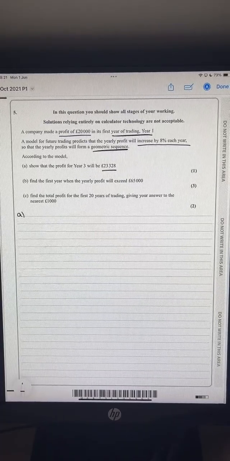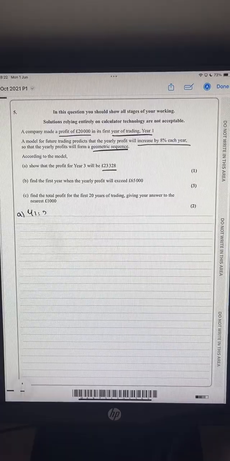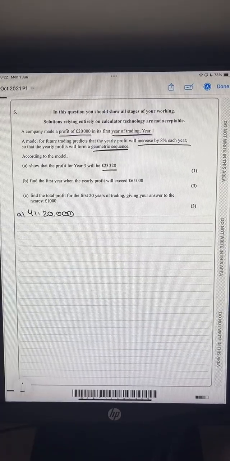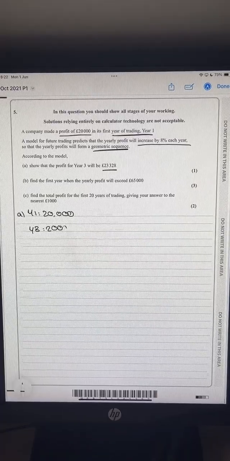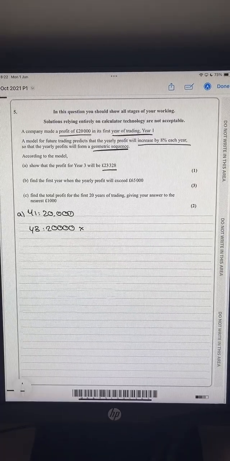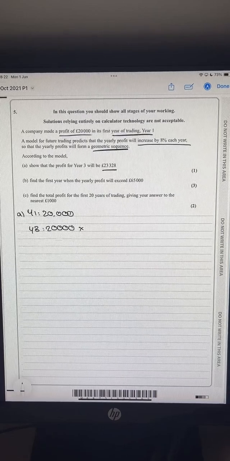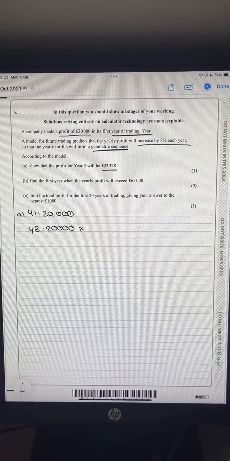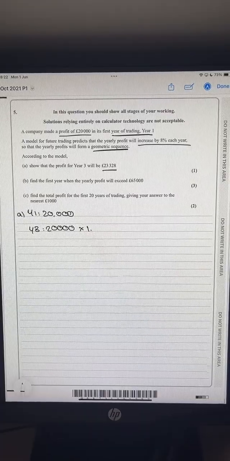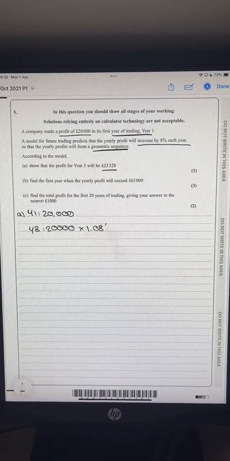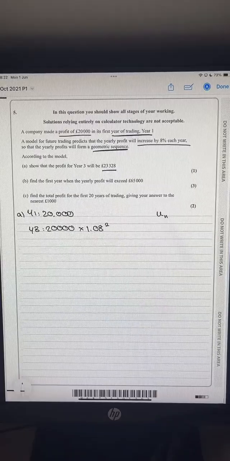So we know that year 1 is 20,000. I like to write out my information for myself again. Then year 3 is going to be 20,000, my first term, multiplied by my increase multiplier, R, which is 1.08 since it's an 8% increase, and that's squared because we know that un is equal to ar to the n minus 1.